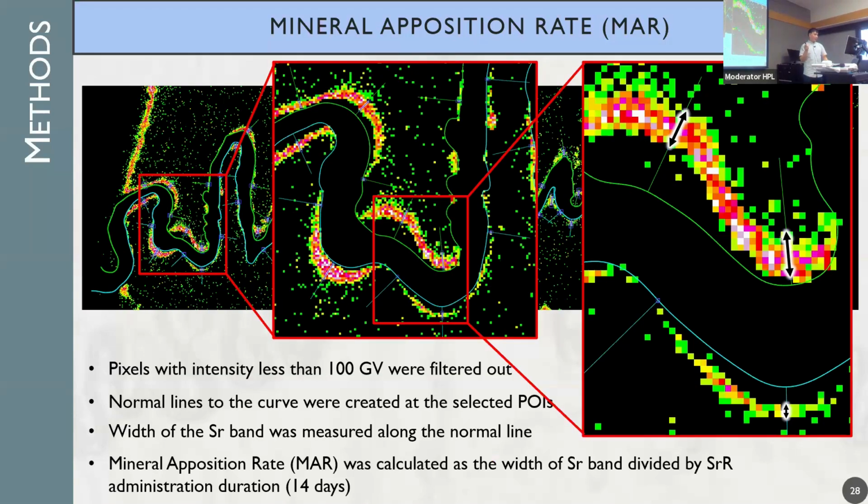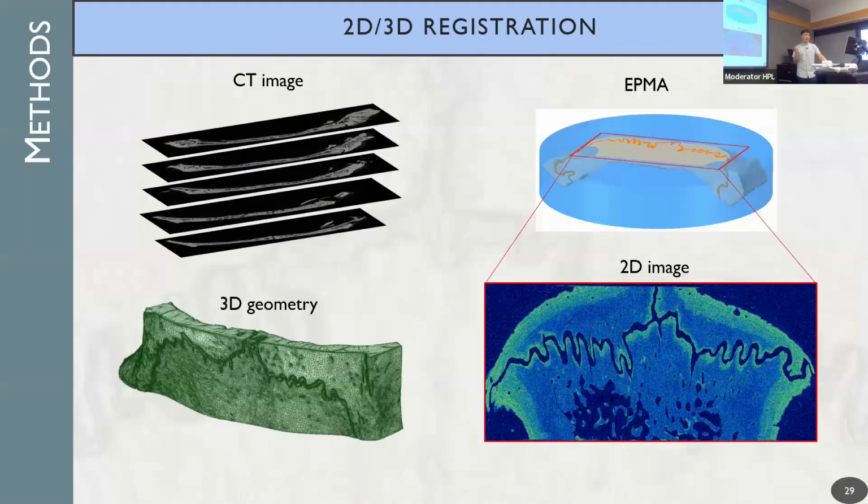Okay, so now I have the finite element modeling based strain and strontium deposition based on mineralization. If I put them together, I can get the mechanobiological relationship between biological adaptation and strain. But before that, I needed to figure out one more thing, which is that on one side, I have 3D geometry coming from the CT image, but on the other side, I have a 2D image coming from electron microprobe analysis.